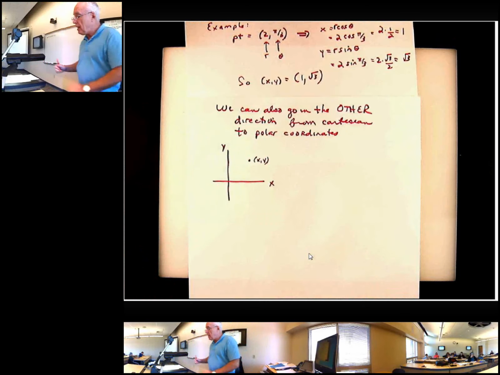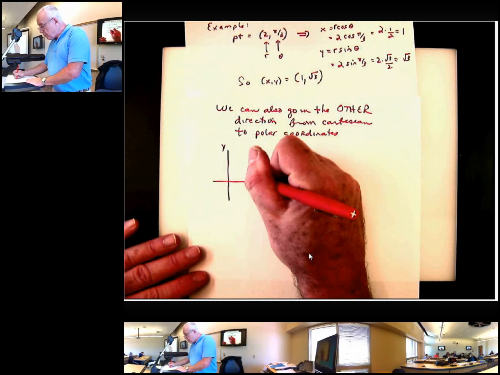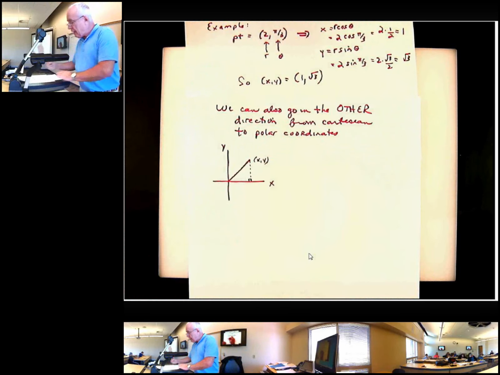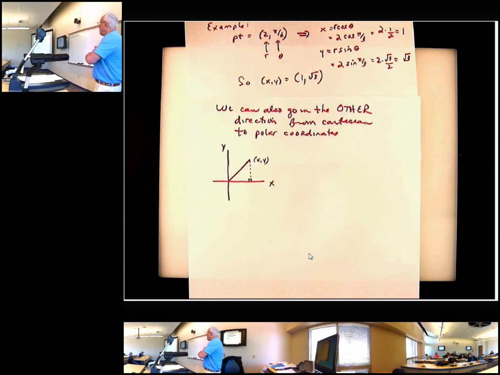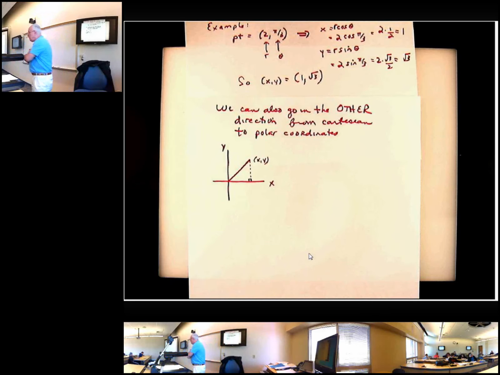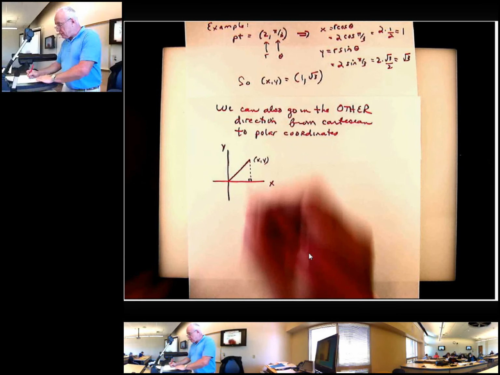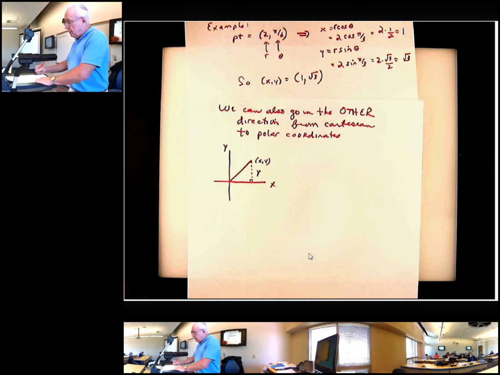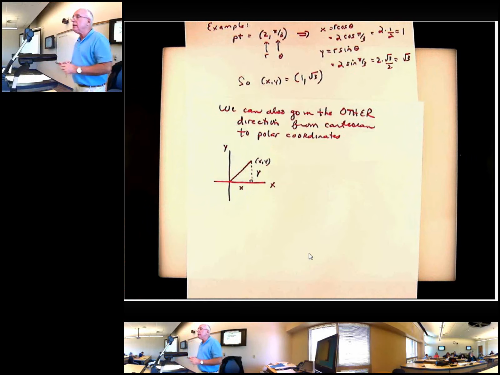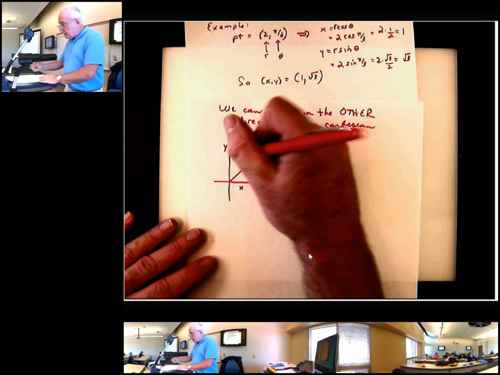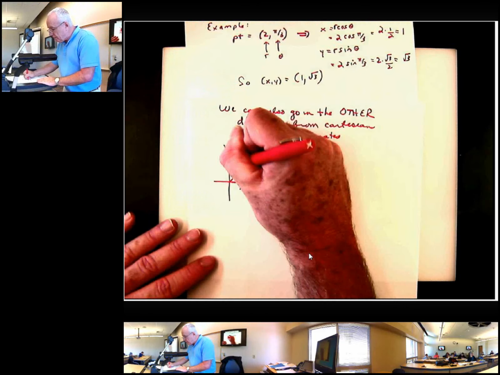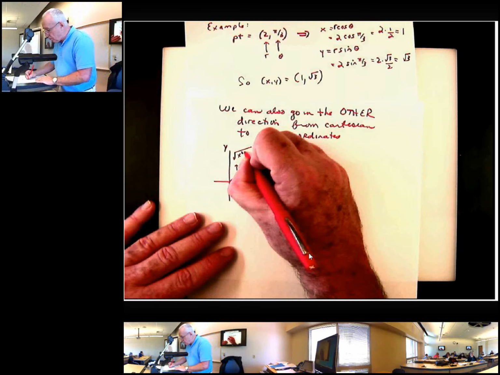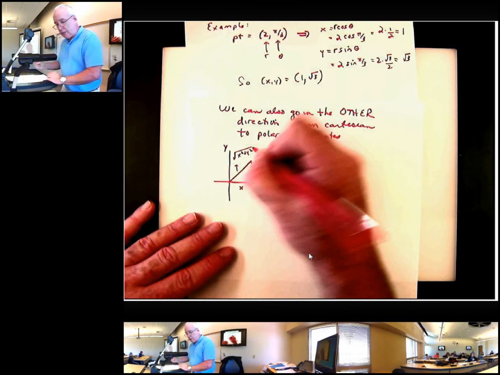All right? And let me drop down a vertical line to get a right triangle, and let me draw a diagonal line from the origin. Okay, so the length of this vertical line is our y value. The length of the horizontal line is the x value. And so using the Pythagorean theorem, the length of the diagonal line is the square root of x squared plus y squared.